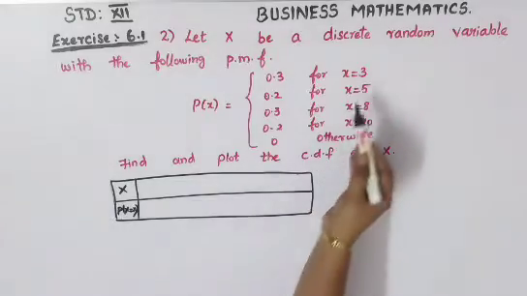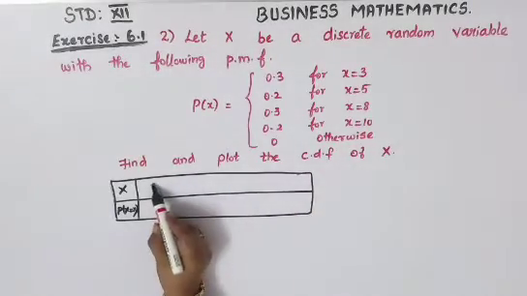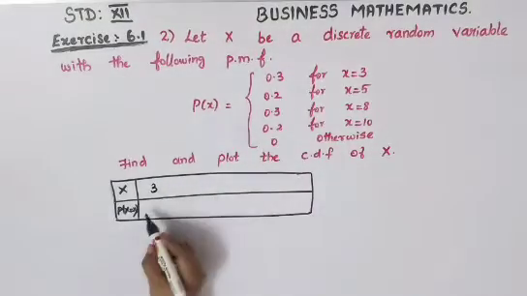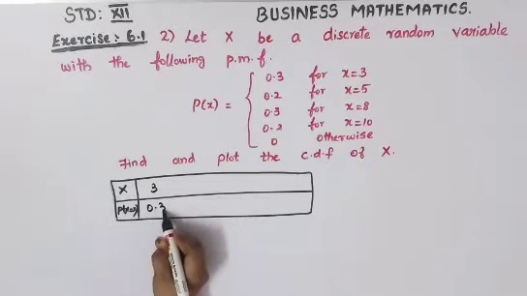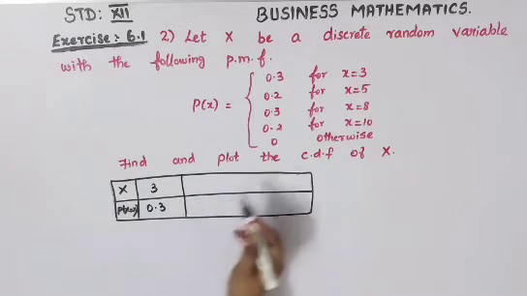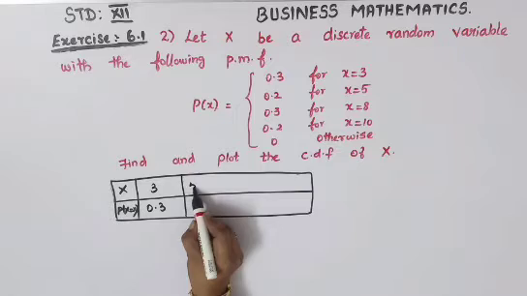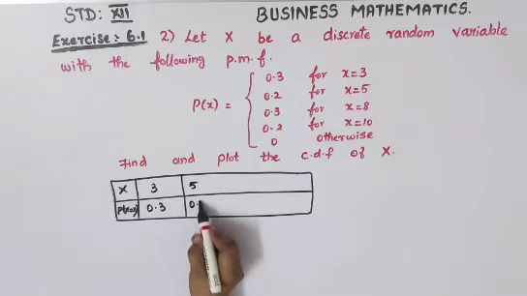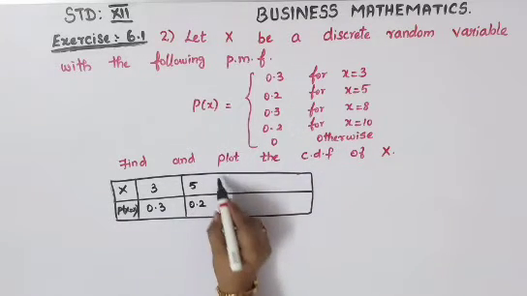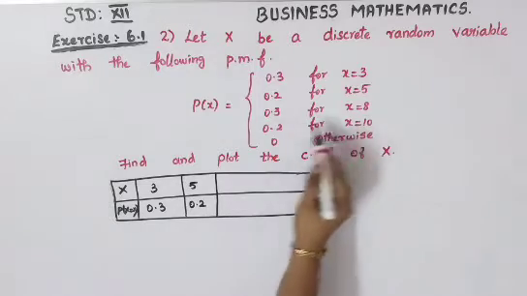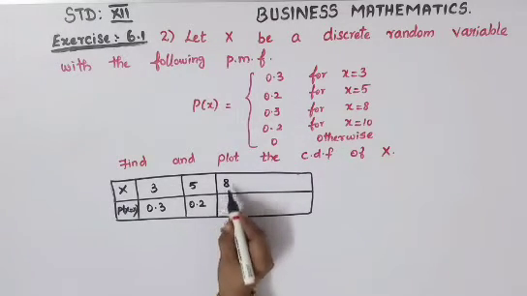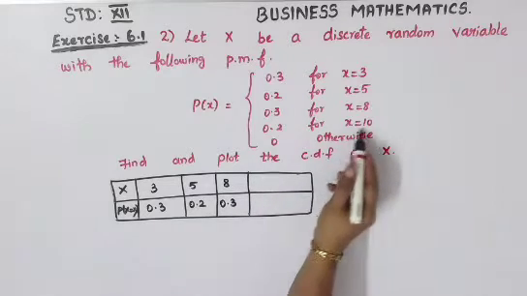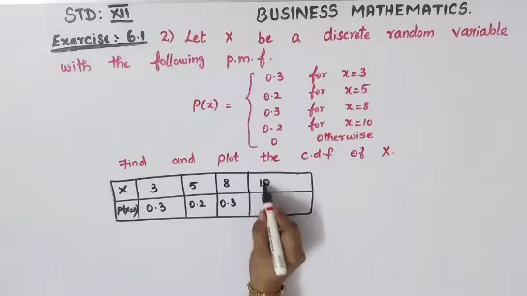Capital X is 3, and your P of x is 0.3. Next is 5, so 0.2. Next is 8 and 0.3. Then 10, 0.2.